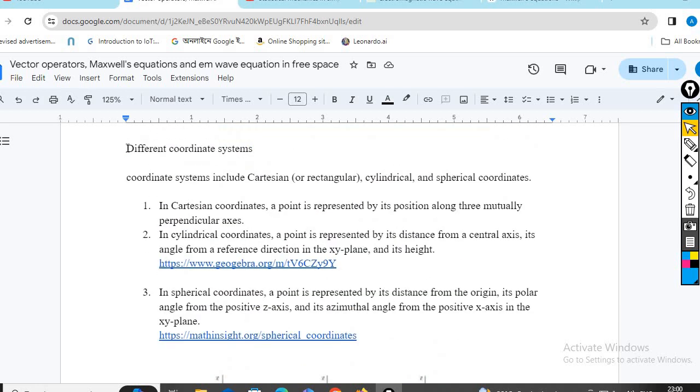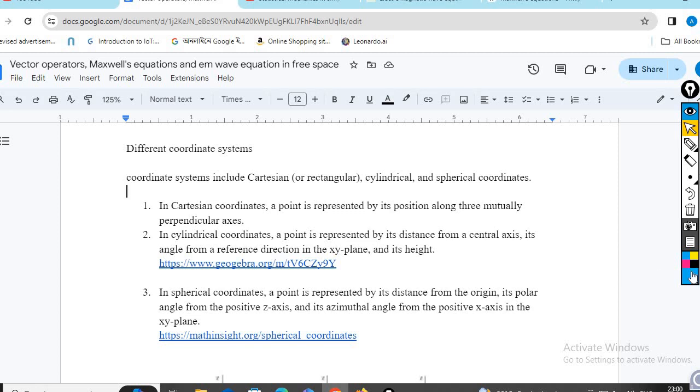Now here we need to talk about different coordinate systems. There are basically two types of coordinates: one is linear, another is polar. Linear is the rectangular or Cartesian coordinate system, and the modified forms of polar are known as the cylindrical coordinate system and the spherical coordinate system.